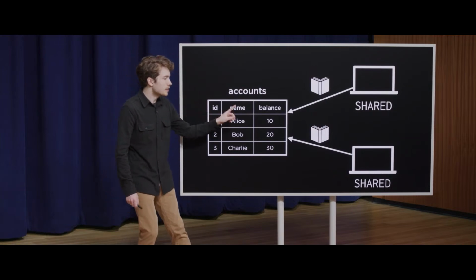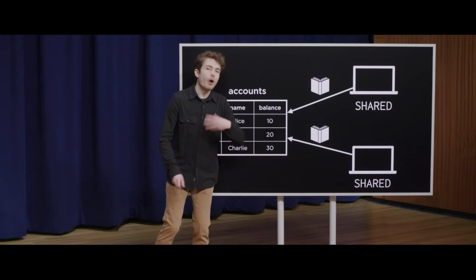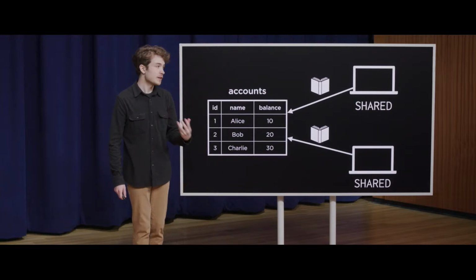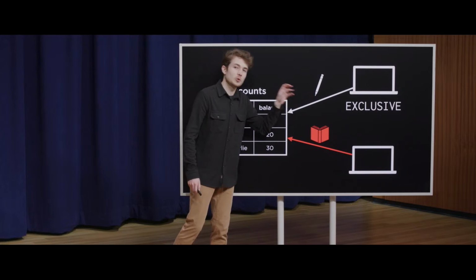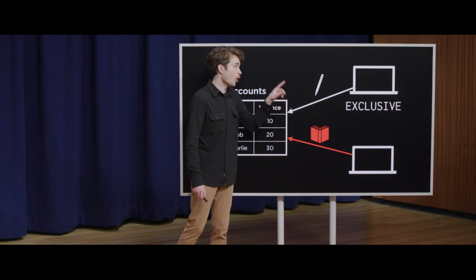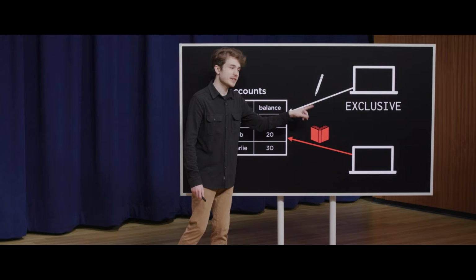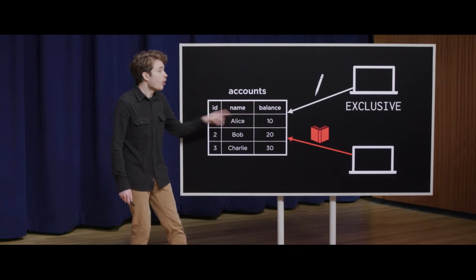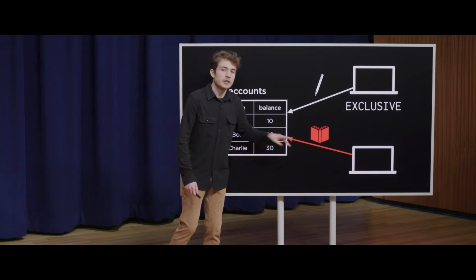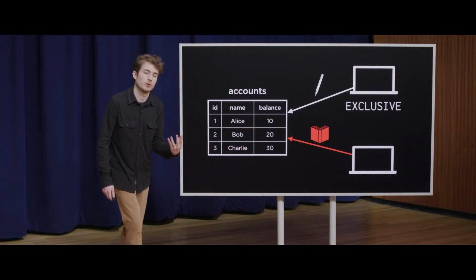I can't let somebody else read my data while I'm updating it. So what I need is for this process here, if it's writing, to acquire an exclusive lock, meaning this is the only computer, only transaction that can read and write to this database. All others must hold off in order to be sequential.